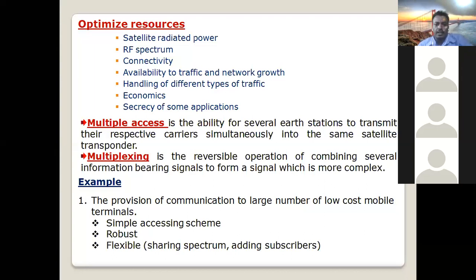The power is limited, so this limited resource must be shared by many earth stations on the ground. That's what we call multiple access. So how do we define multiple access? It's the ability for several earth stations to transmit or receive simultaneously using the same transponder.